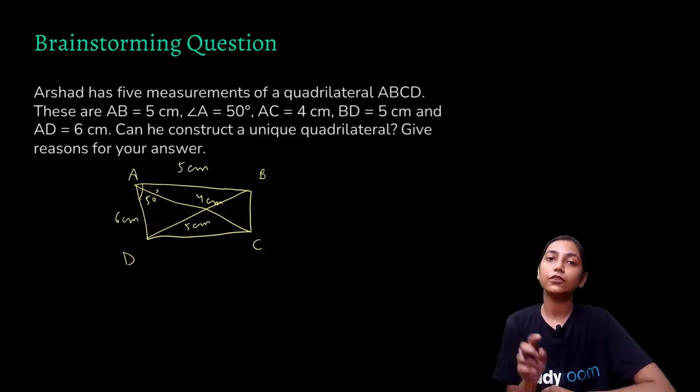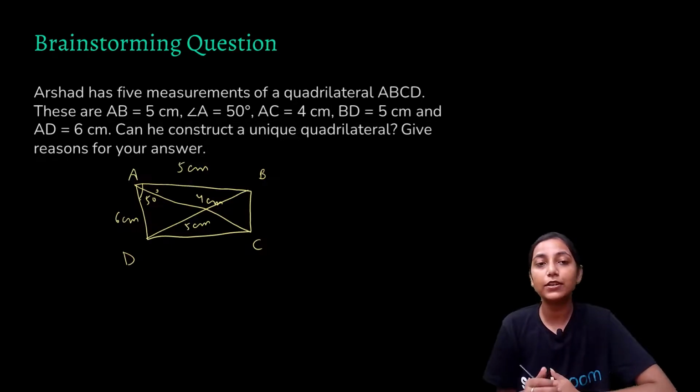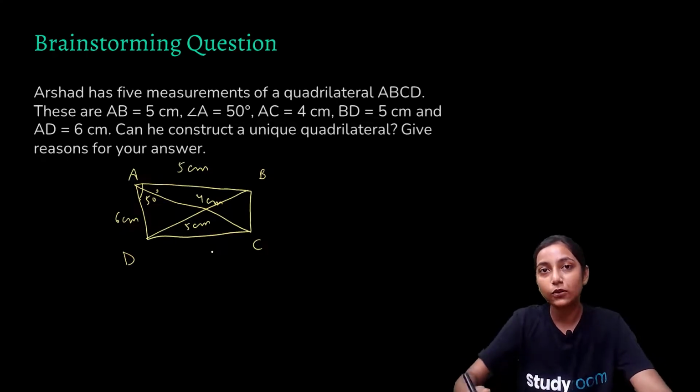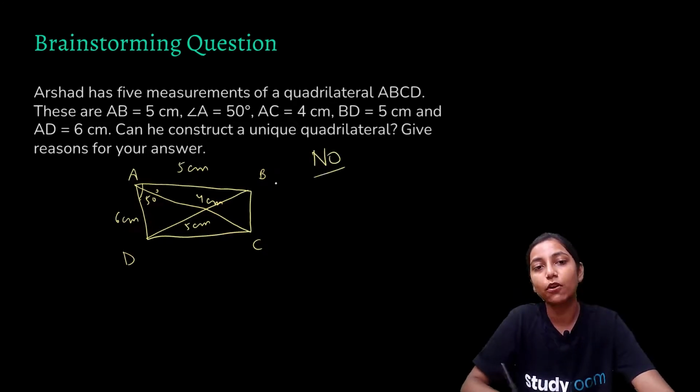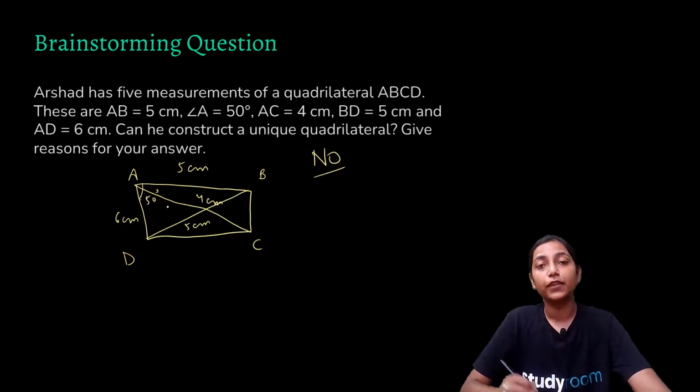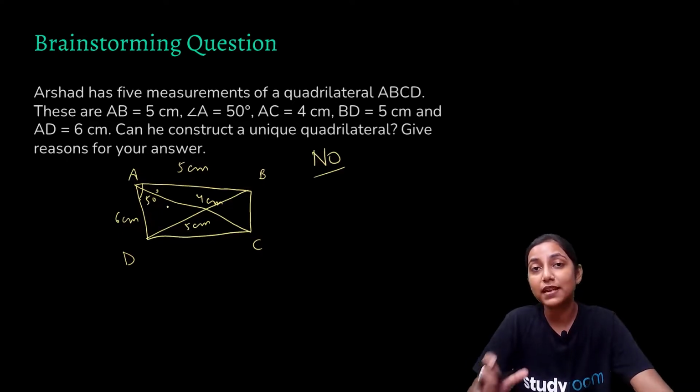So we are going to find the answer for this question in the next section. But I'll just tell you right now, the answer is going to be no. Why is that so? Because the combination of the measurements that are given to us, 2 diagonals, 2 sides and 1 angle, is not from the specific combinations that are required in order to construct a unique quadrilateral.